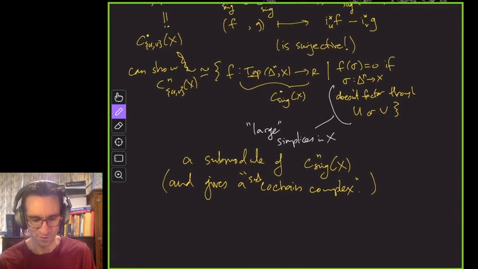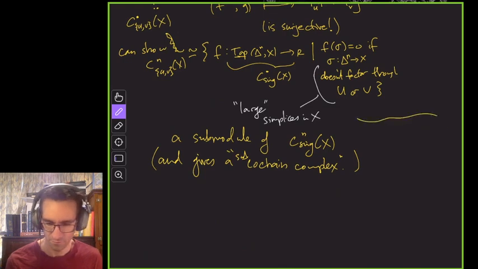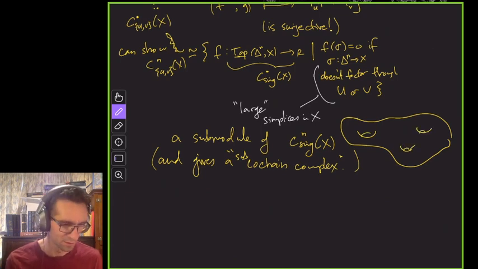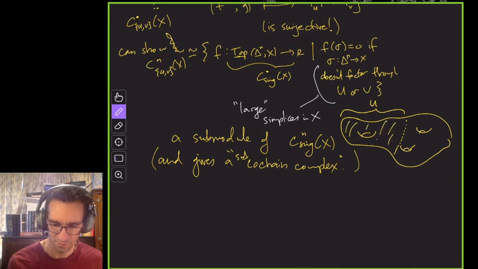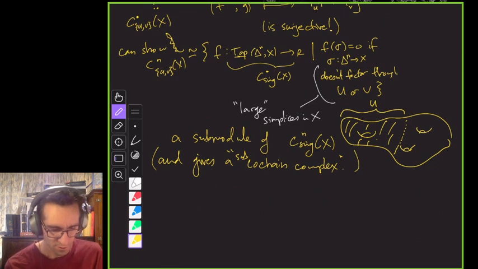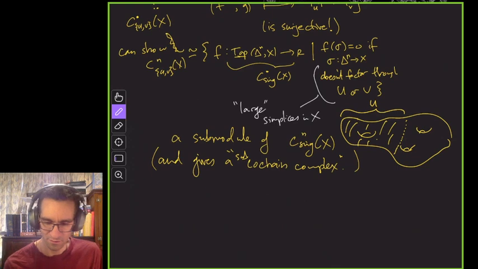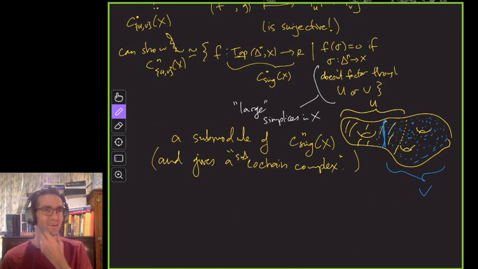So what does a large simplex look like? Let me just draw you a picture. Let's say U is this bit, and maybe I'll give that some shading, and then everything here in this speckled region is V, and there's an overlap.